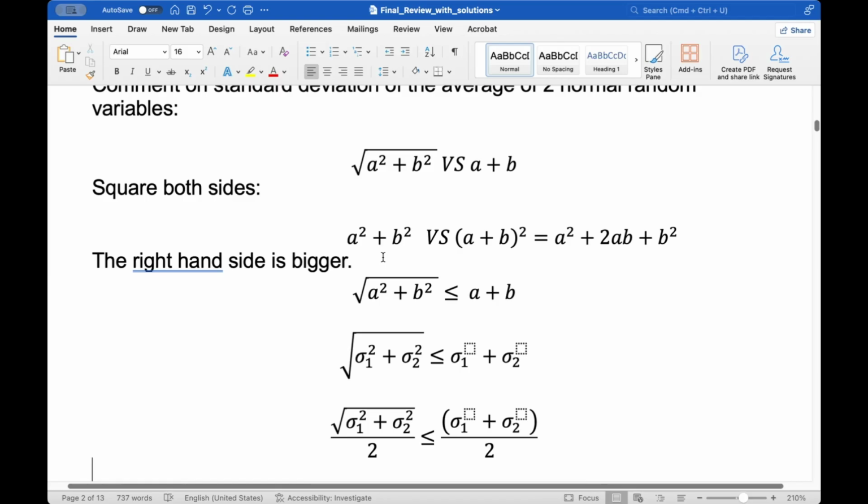It does turn out that the right-hand side is a little bit bigger. Again, just an aside there, not really necessary to answer this problem, but an interesting fact about the calculation of the standard deviation when you're dealing with a sum.